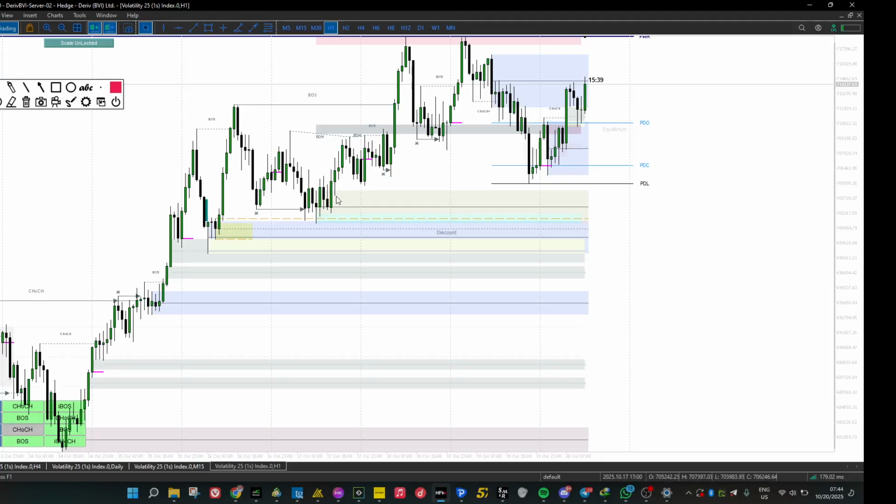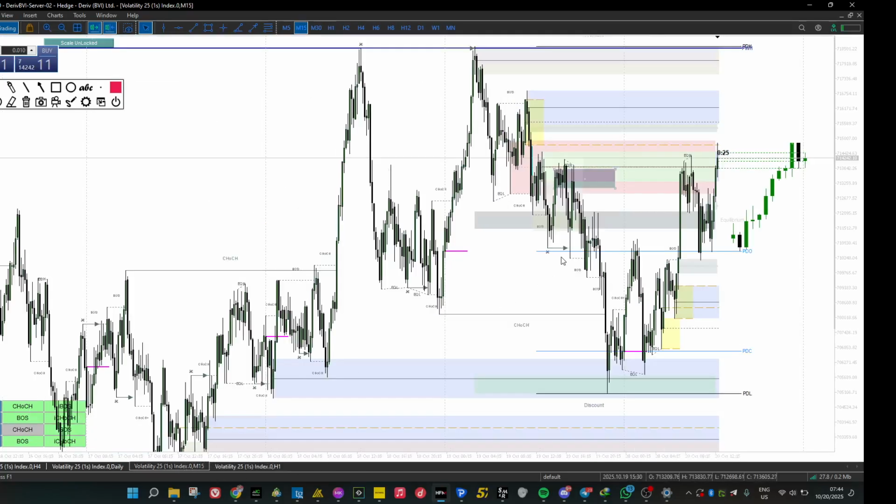We're above equilibrium if we're using this last structure leg here. It's showing me that we tapped into the 4 hour zone. It's not showing on this 1 hour time frame, but let us see if we continue higher here. On the 5 minute time frame, there were quite some opportunities, though it was a bit choppy because, like I said, this thing is in a strong uptrend.